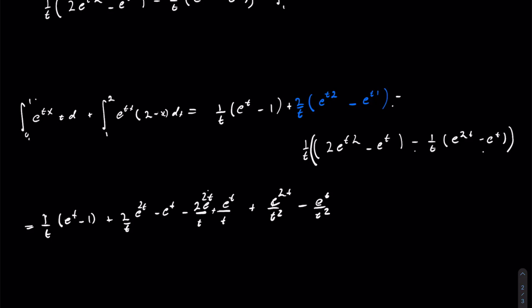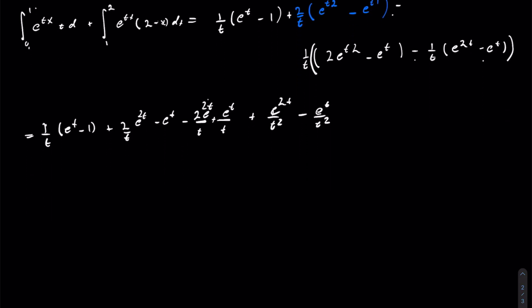Now let me just double check. So there's so many negatives and positives moving around here. So there's a minus, minus. So when we take this, we get 2t. Right, this looks okay. There's a minus. That becomes plus. This is it. And then we have a minus this part. That becomes positive, and there's a minus times this. This is a positive. This looks good. Let me keep on just collecting.